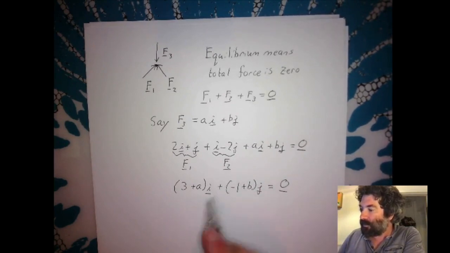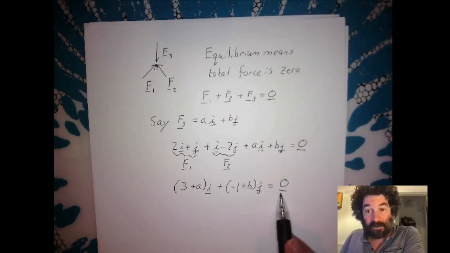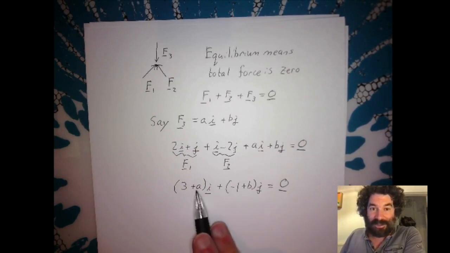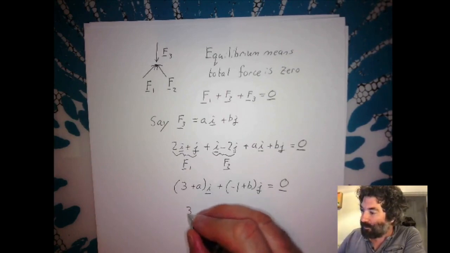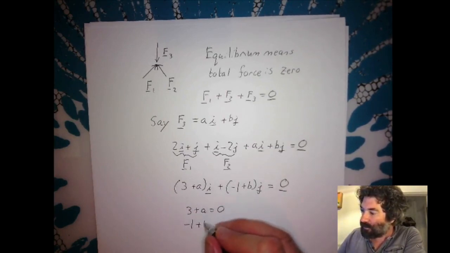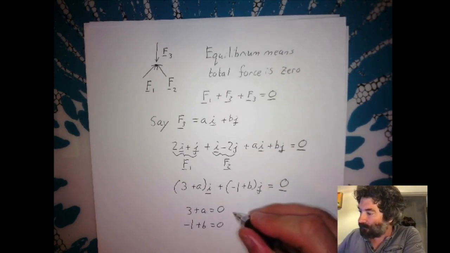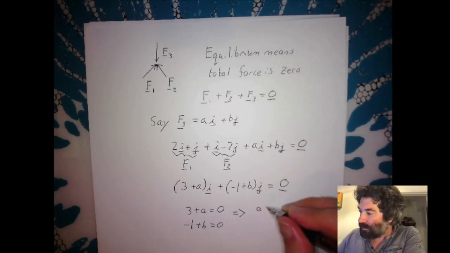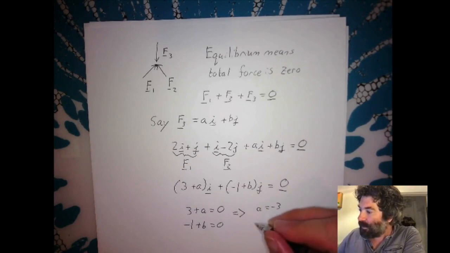The components of the 0 vector are all 0, of course. So the two components here have to be 0. So we have 3 plus A equals 0 and -1 plus B equals 0, or A equals -3 and B equals 1.